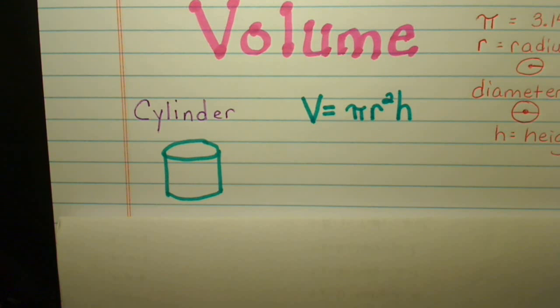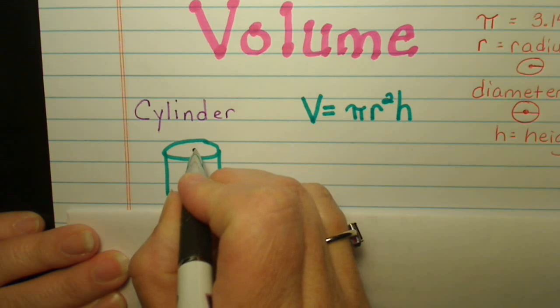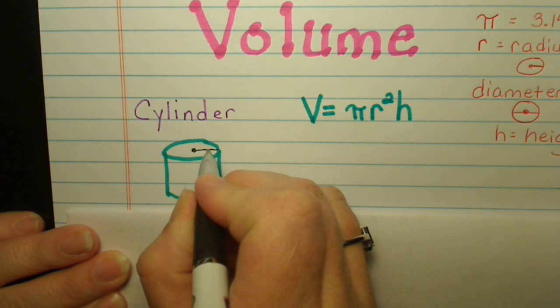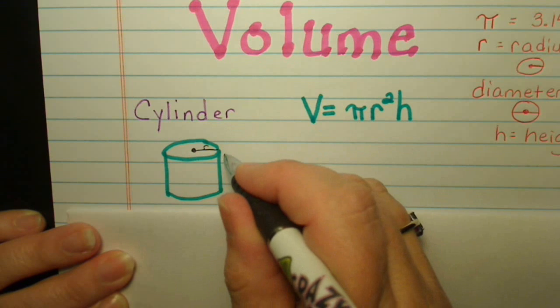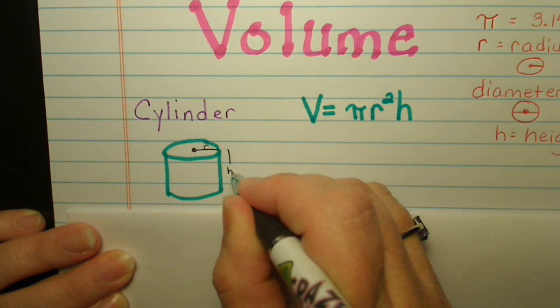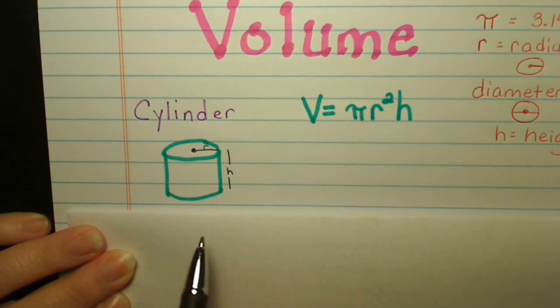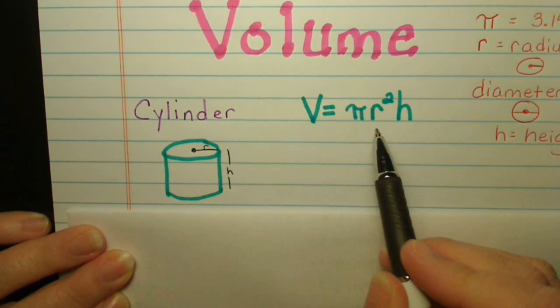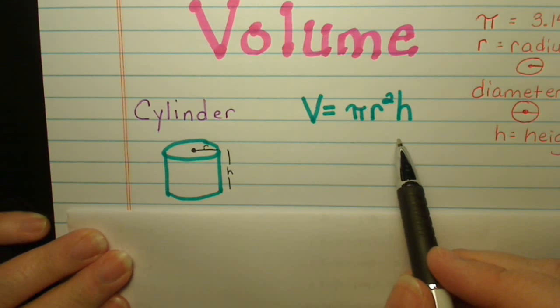So when you get a figure like this cylinder, it's going to tell you what is the radius, which will be the distance from the middle out, and they'll also tell you the height of your cylinder. You would take those values and substitute them in for your R and your H.